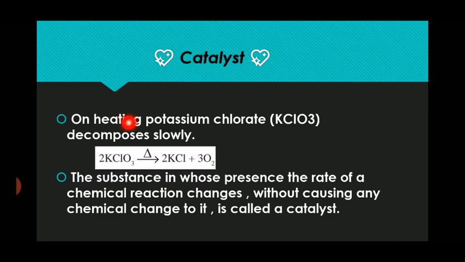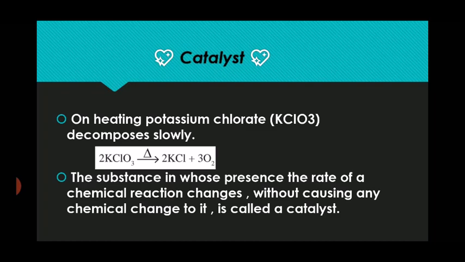What is the example? On heating, potassium chlorate, that is KClO3, decomposes slowly. So 2KClO3, we apply the heat, and we get 2KCl plus 3O2 in the presence of a catalyst, that is known as manganese dioxide.